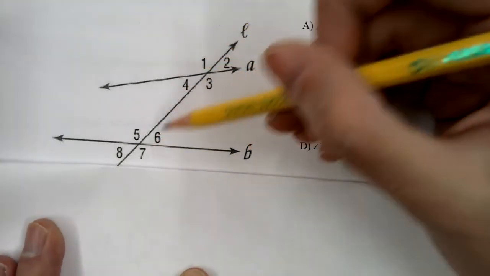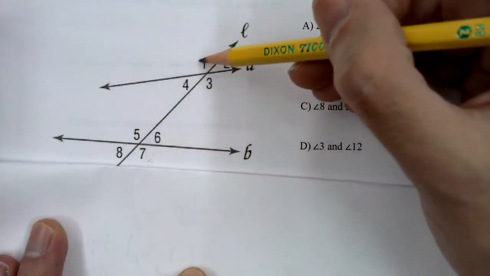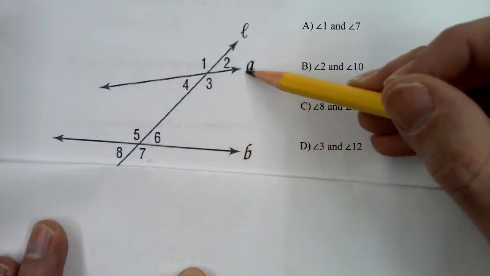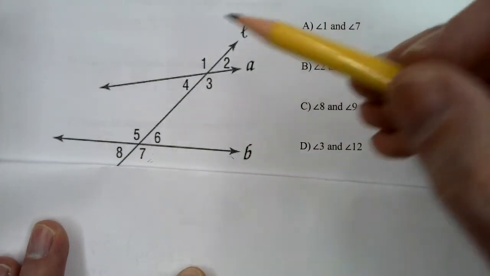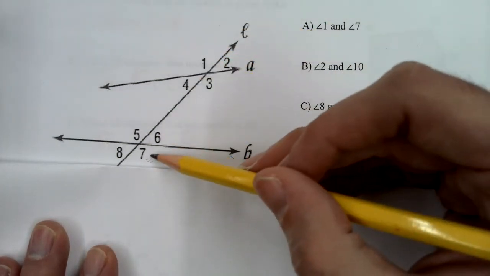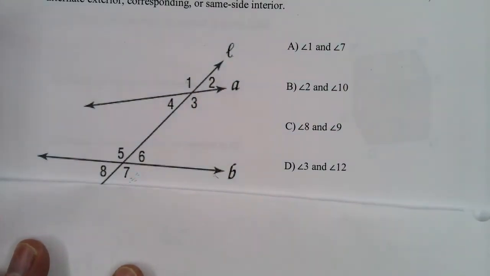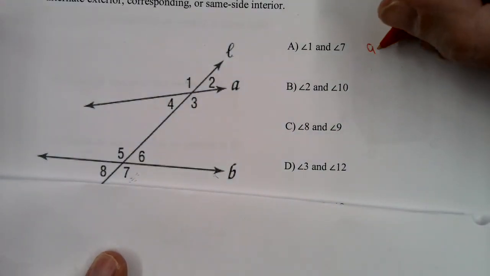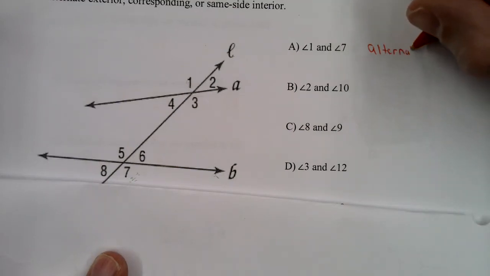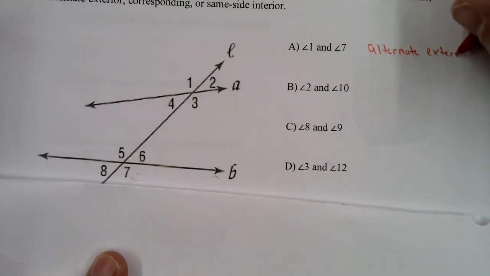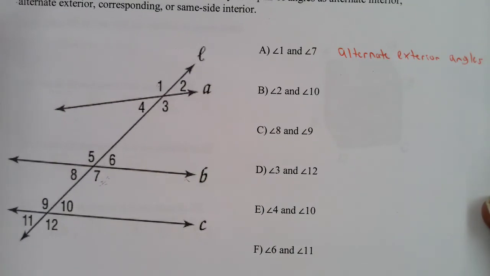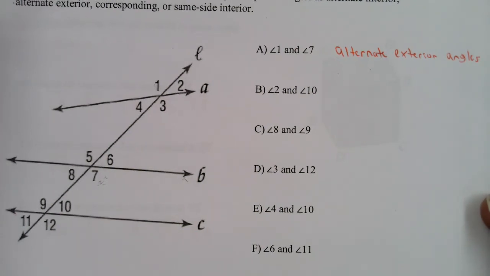Angle 1, angle 7, those are both outside the lines being intersected, because A and B are the lines being intersected. L is the transversal. So 1 and 7 are outside, and they are on different sides of the transversal. So that's called alternate exterior angles.